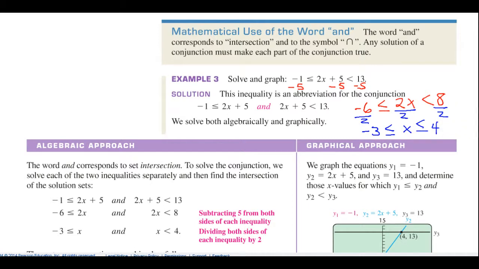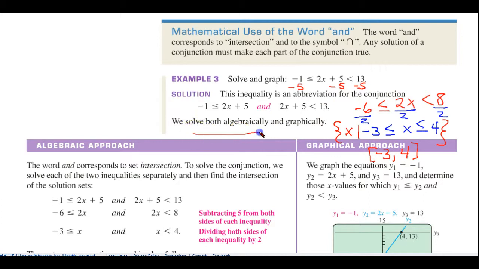Now while we're here, we can change it to set builder notation. We can write the interval notation of that because, since this is equal to as well, it's going to be a bracket, -3, and a bracket 4 for interval notation.